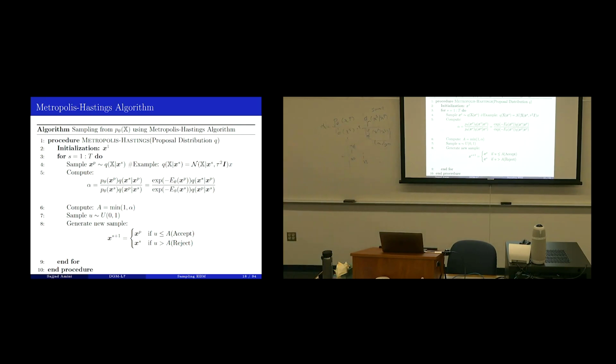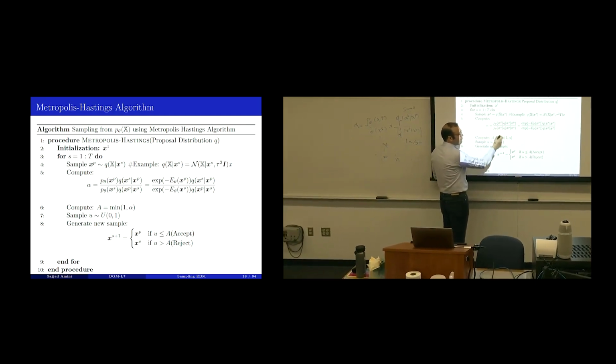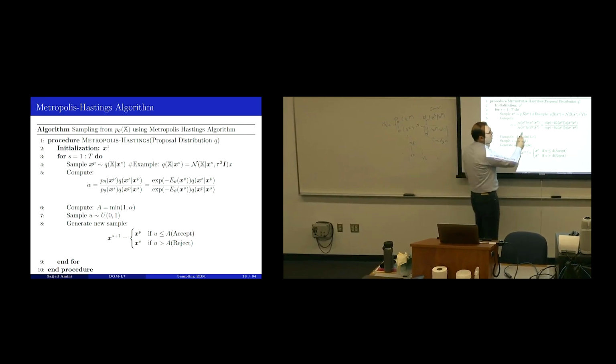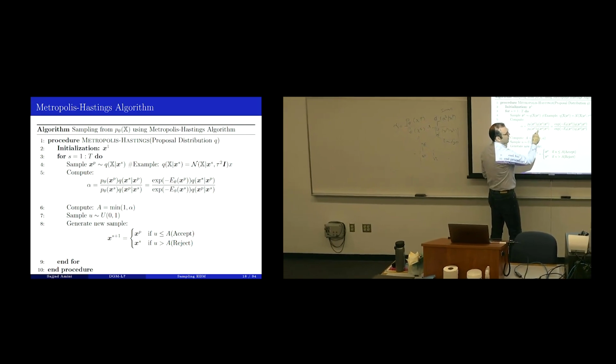So what happened? You have an alpha value. The alpha looks precisely at the likelihood of the proposed sample in comparison to the sample at hand, and also how favorable the proposed sample is in the Q distribution.